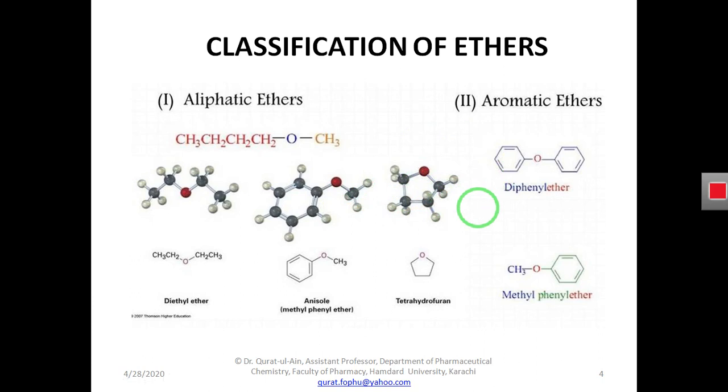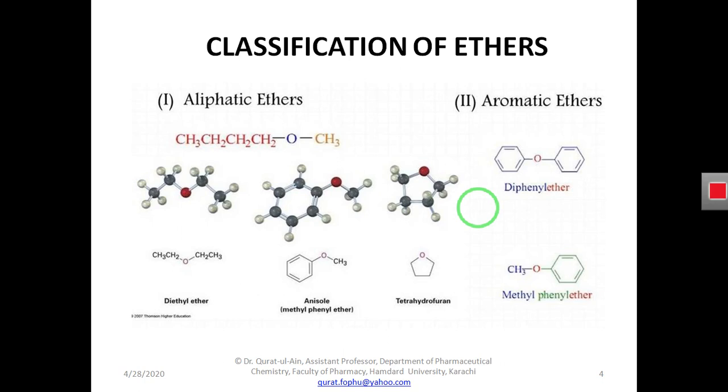All those compounds or molecules are aromatic compounds or aromatic molecules if they follow Huckel's rule. And what is this Huckel's rule? Huckel's rule is that if a molecule has a conjugated ring system of pi electrons, it should be present in a planar structure, and it should be in cyclic form.